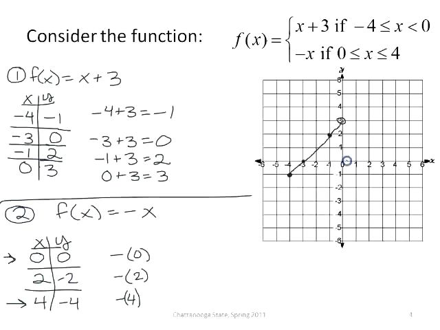So this graph is going to go from 0, 0 to 2, -2 to 4, -4. And then I draw my line. So I have two parts of my graph. Sometimes the two parts of the graph will connect. If they connect, we would say that it's a continuous graph. In this case, they do not connect. So it is not a continuous graph.